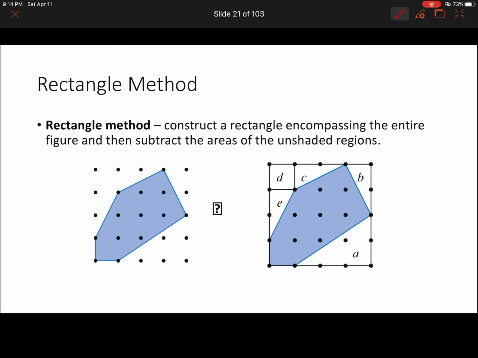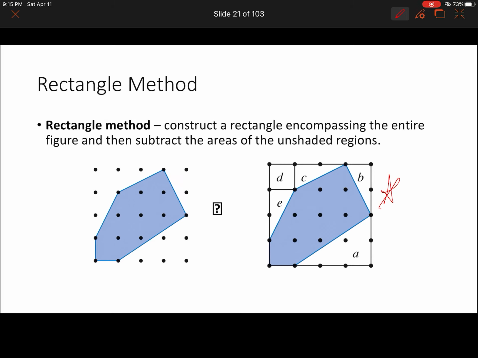Now, you also have what our book refers to as a rectangle method. In this method, you construct a rectangle around the figure and then count up all the shaded areas and take them out. And so you can see here in this diagram, you've got this big rectangle, and it encompasses the shaded area.